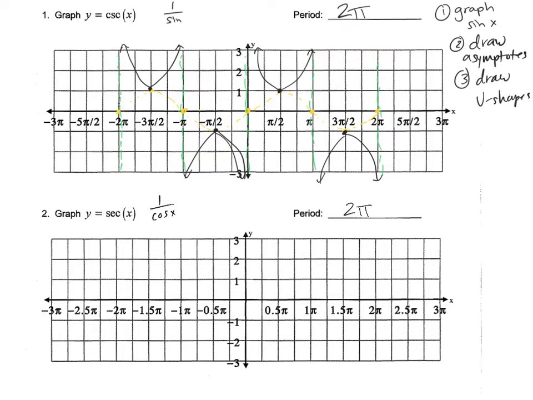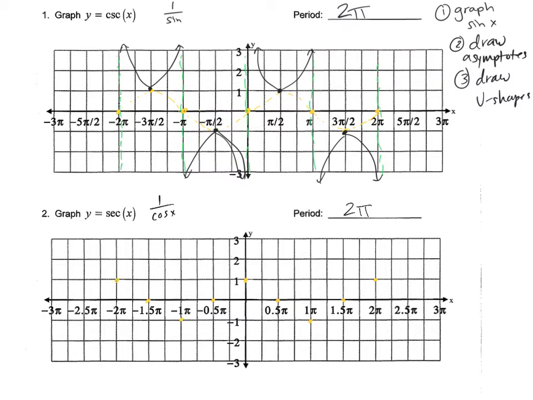When I have cosine of x, I start at 1, and then I go down initially, and I will have either a maximum or minimum at every multiple of pi. So we're going to put our key points in here.